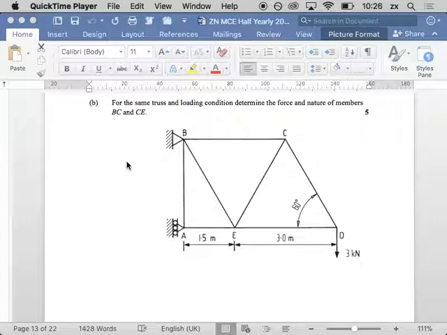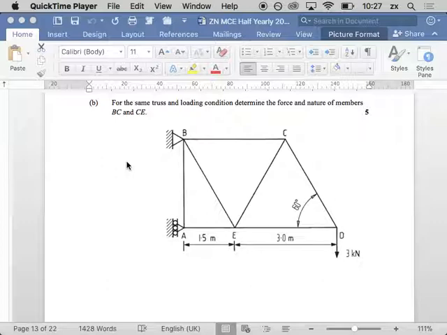So I can say CEV equals 3, therefore CE equals something bigger than 3. So CE equals 3 divided by 0.866. Can someone do the calculator for me?